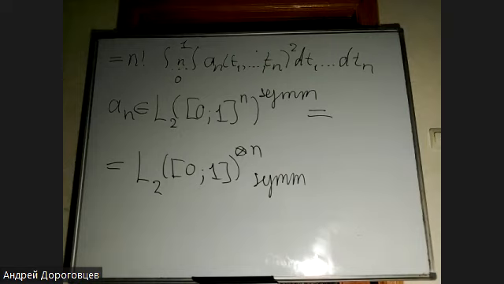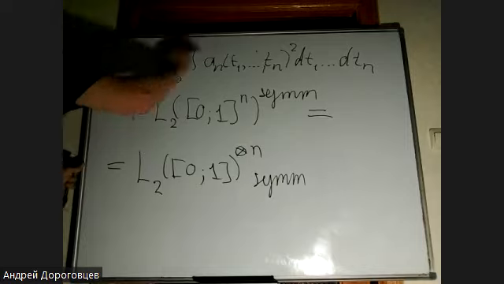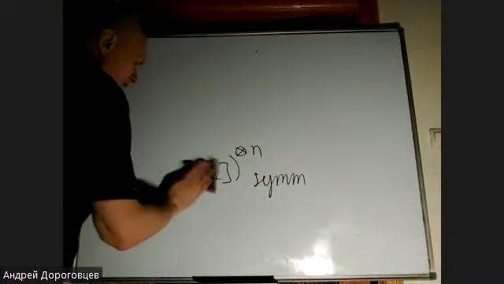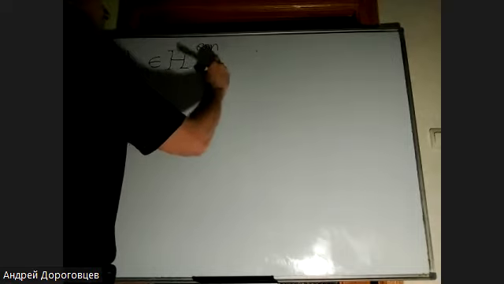You remember that when we discussed the general construction, we considered A_n, which belongs to H and is symmetric.